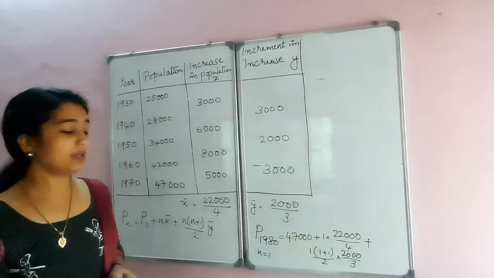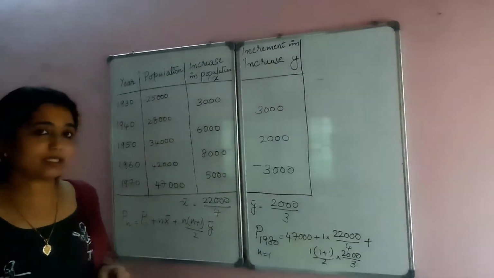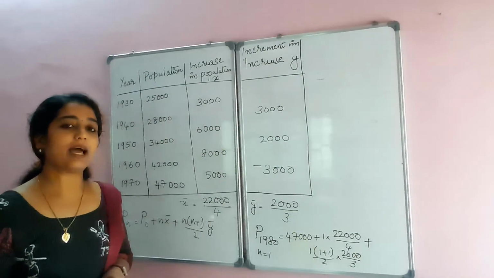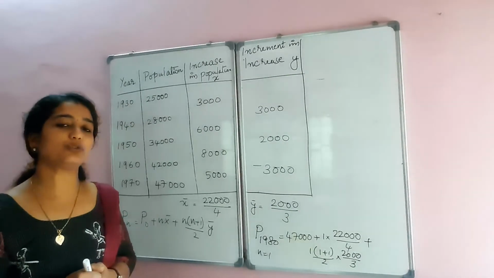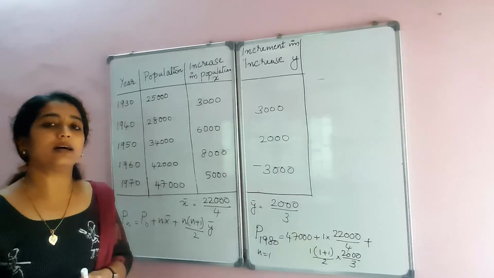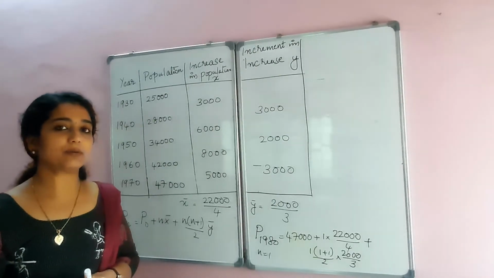Likewise, we will calculate the population in 1990 and 2000, where in 1990 n is equal to 2 and in 2000 n is equal to 3.